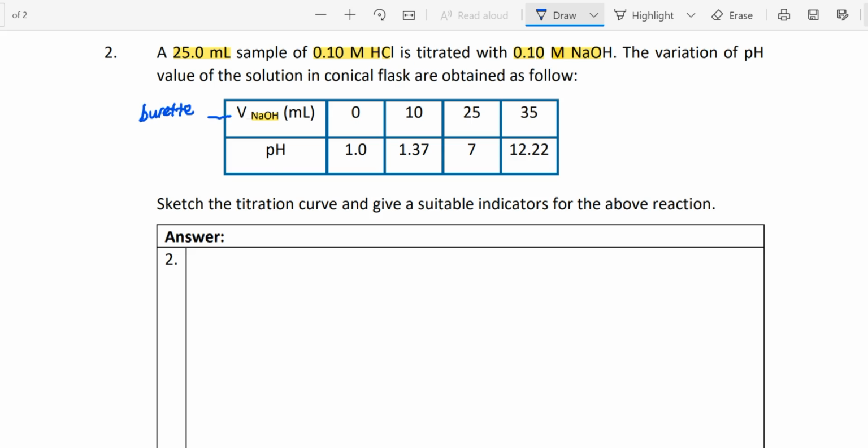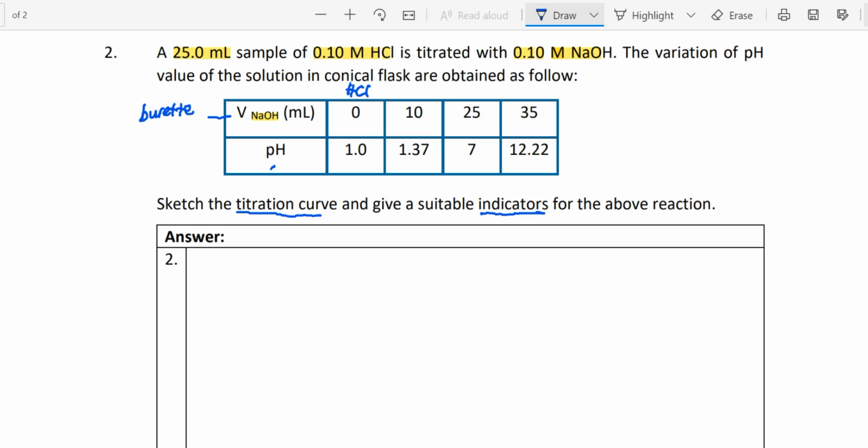This is the value of pH. So inside the conical flask is placed the HCl. Sketch the titration curve and give suitable indicators for the above reaction.